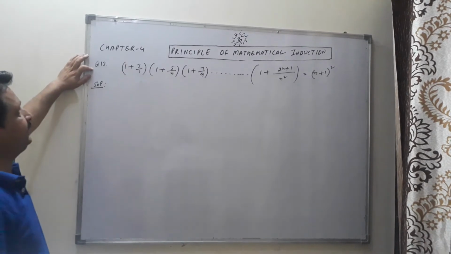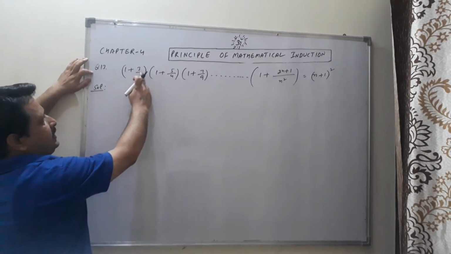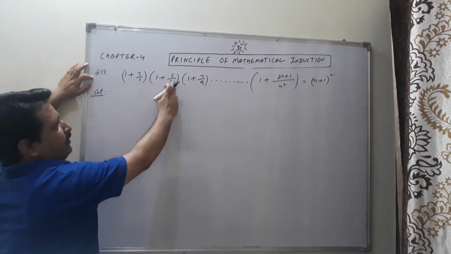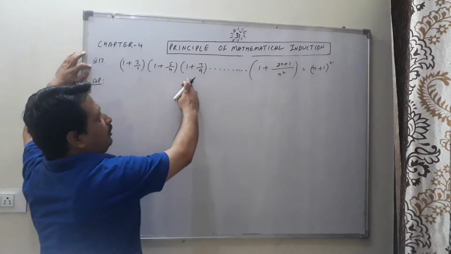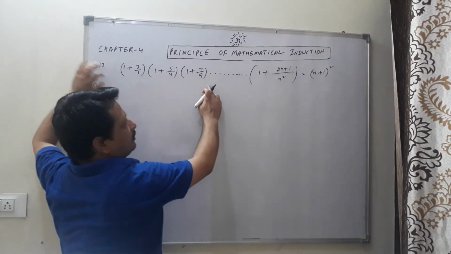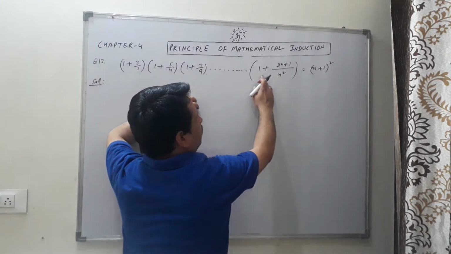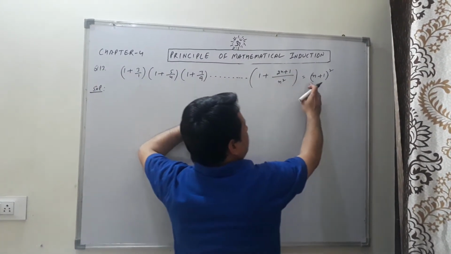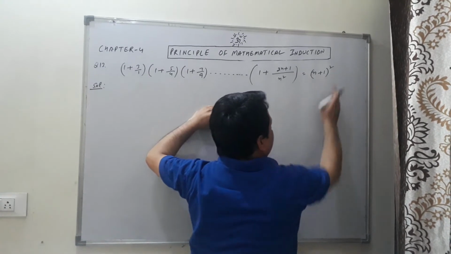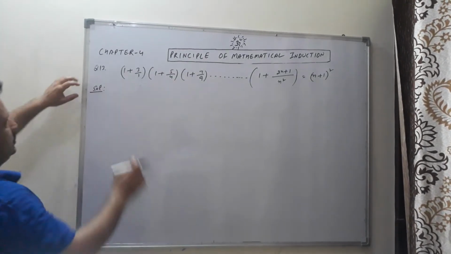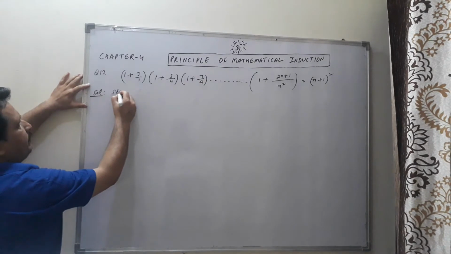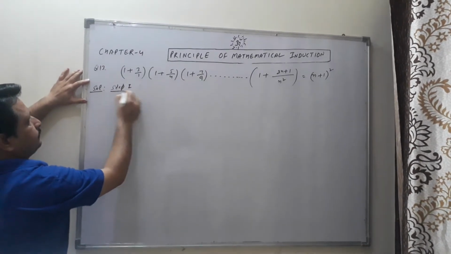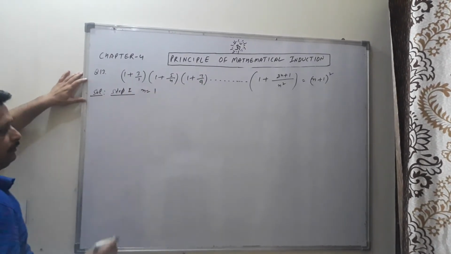So this is the solution of question number 12. Here is question number 13: 1 plus 3 upon 1 into 1 plus 5 upon 4 into 1 plus 7 upon 9, and so on, up to 1 plus 2n plus 1 upon n square. This is equal to n plus 1 whole square. So let us come, students. Here is step number 1, that is n equal to 1.